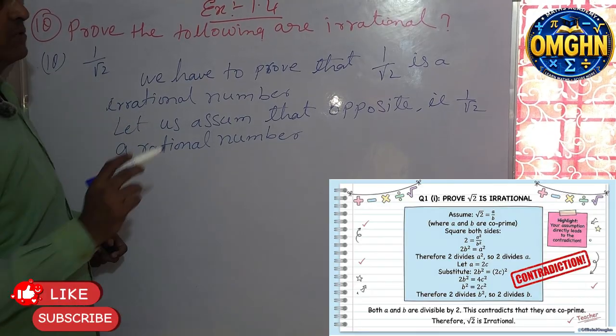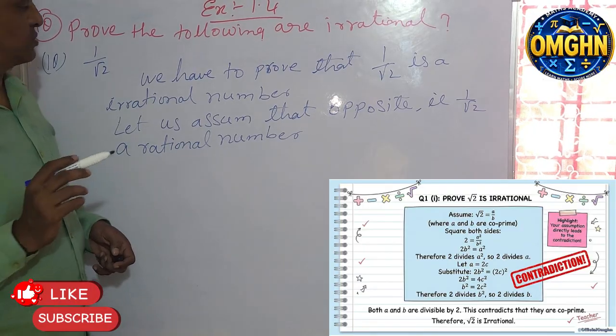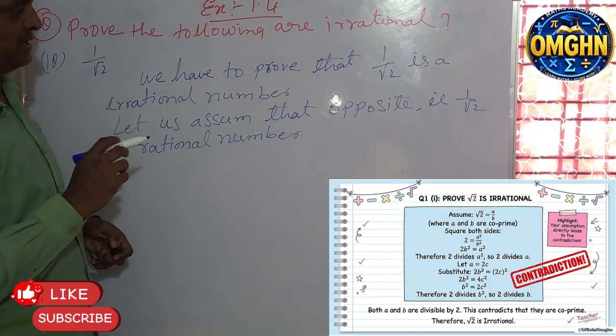In the question they gave us 1 by root 2 is an irrational number. So what we are doing now, we are taking the opposite of it.